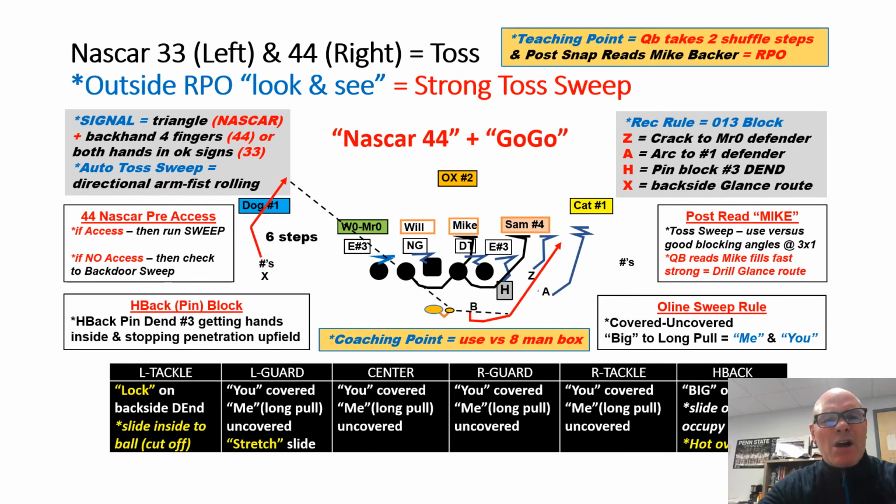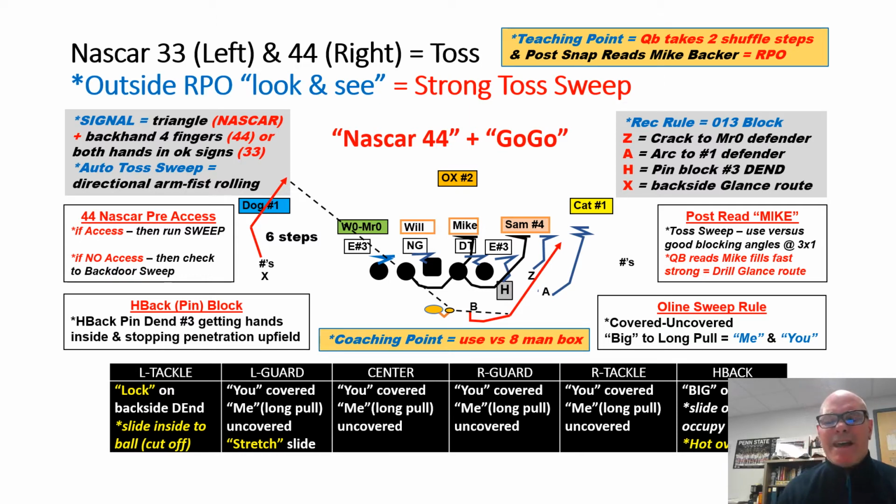All right, now we go to our outside RPO. We just did our inside with our checks. And that is simply our outside becomes NASCAR 33 to the left, odd number, and 44 to the right, even number. So the signal here for this would be NASCAR, backhanded 4 fingers, 44. Still means even number.